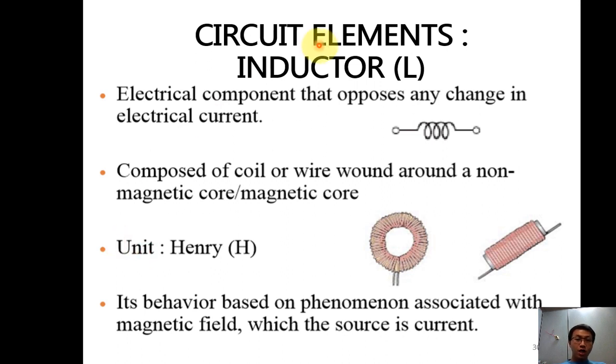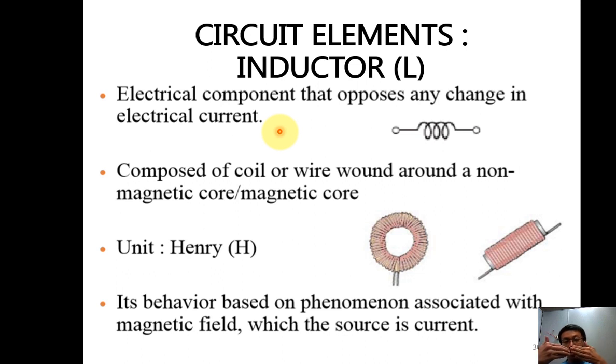Circuit element: the inductor, L. It is an electrical component that opposes any change in electric current. Resistance is opposed to current. When the current comes, we stop it. But inductor is different. At first the current inside the inductor may be 0.